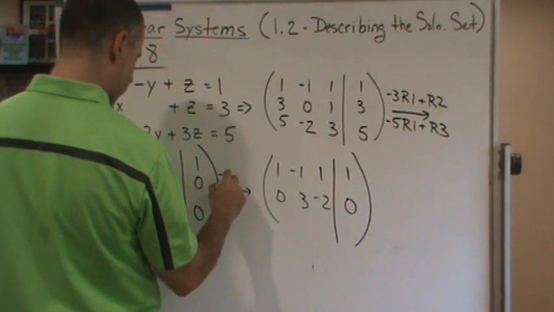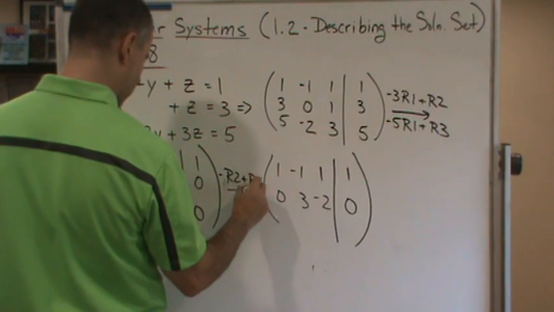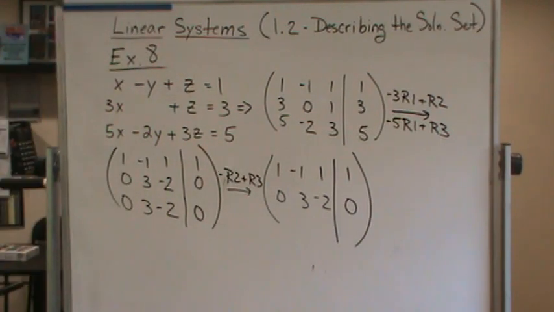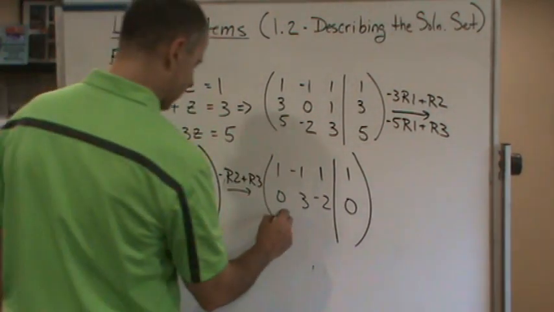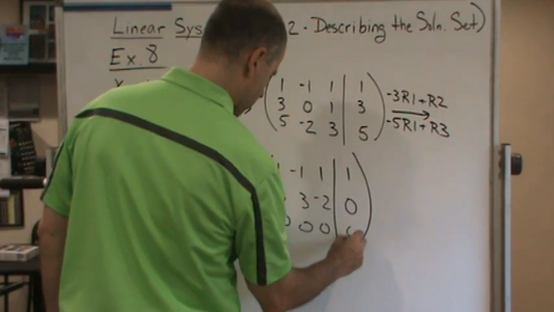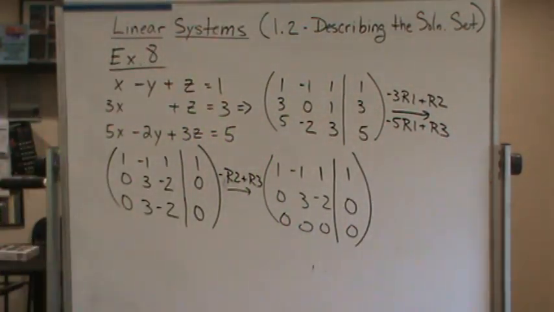We're going to do negative row 2 plus row 3. Right? Because all we're going to do is we're going to get zeros across the bottom. Okay, now. So this gives us a one parameter solution set.